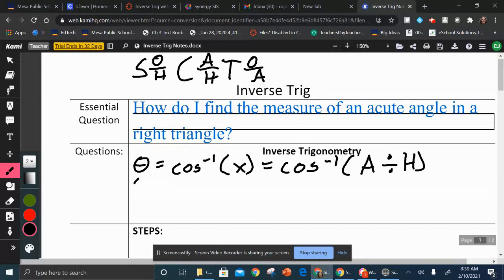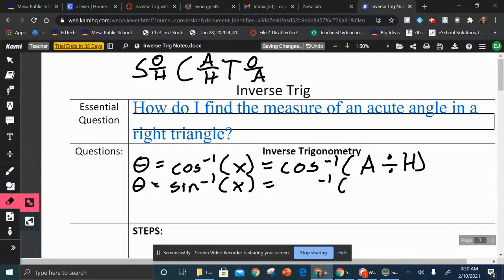Okay, and then theta is equal to sine -1, the inverse sine, is going to be equal to opposite divided by hypotenuse.